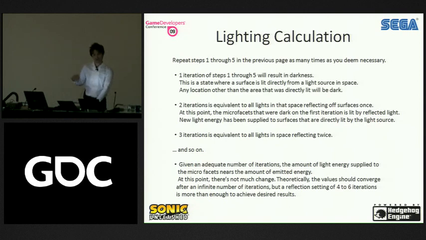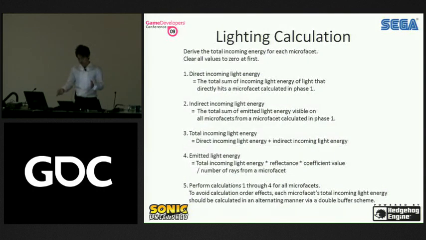And then we repeat steps 1 through 5 as many times as you want, and then you can come up with a certain number. One iteration of steps 1 through 5 will result in darkness. This is a state where a surface is lit directly from a light source in space. Any location other than that area will be dark.